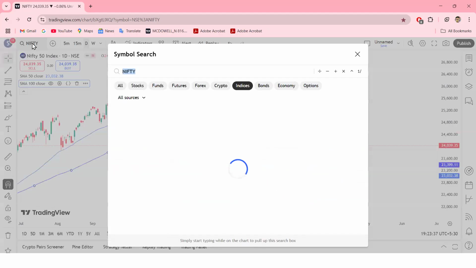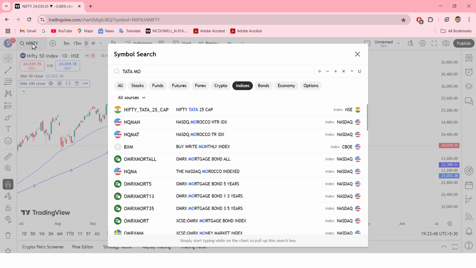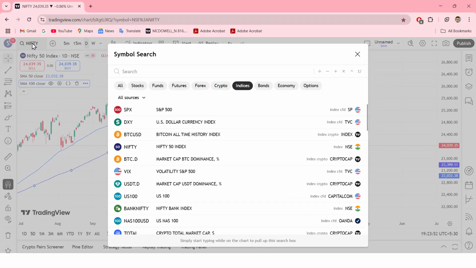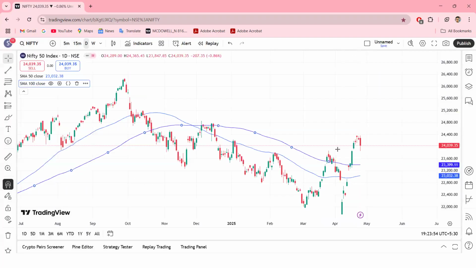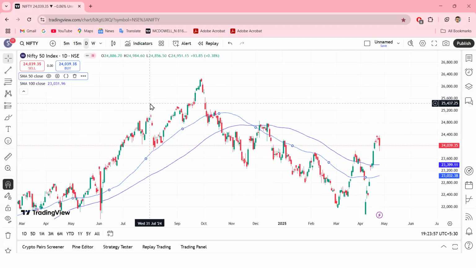Okay, let's try some stock apart from Nifty. You can suggest me any name. Can we talk about this on the Nifty chart only first? The 100-day moving average. If you want the 100-day moving average, see at this point, this is your 50 moving average line, and this is above the 100, and this one is your 100 moving average.